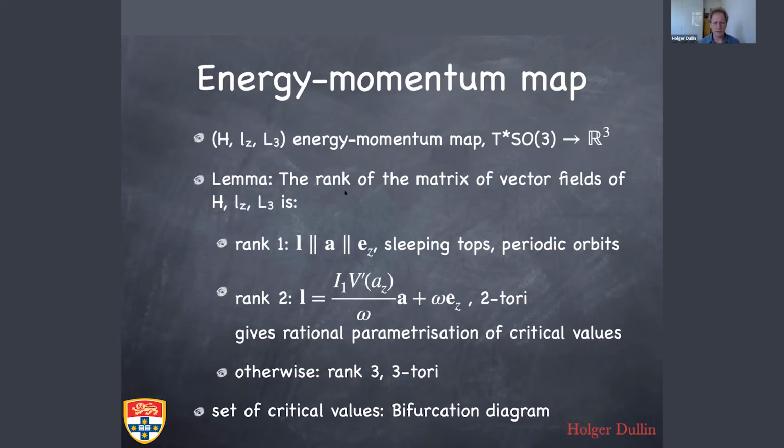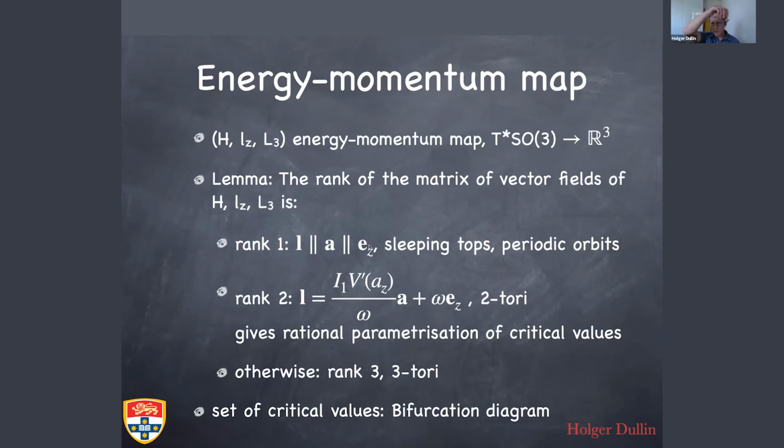And for that, you can look at the rank of the 3 vector fields that are generated by these constants. And so there's one simple and intuitive case, when the vectors L and A and Ez are all parallel. Then you have what is called the sleeping top. So that's the one that you saw in the beginning.